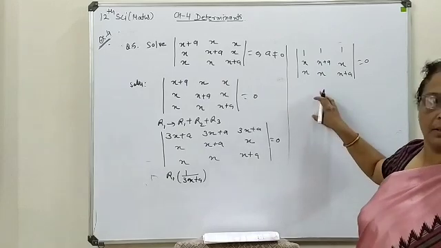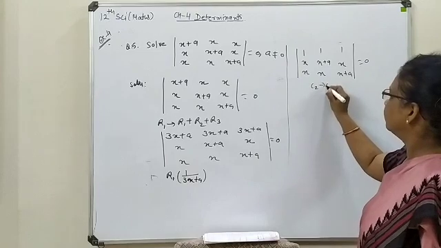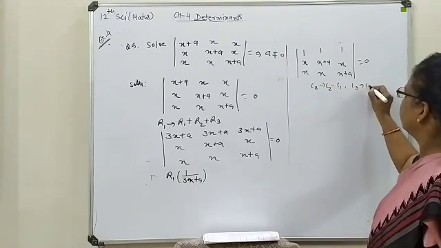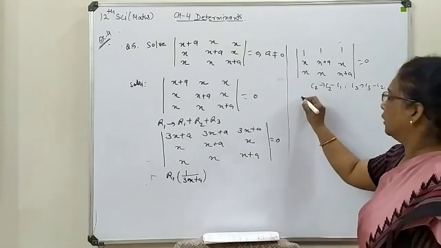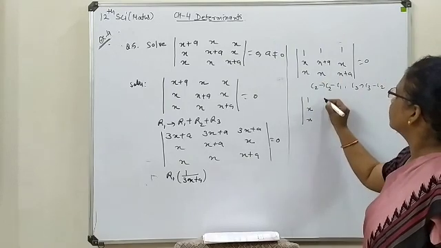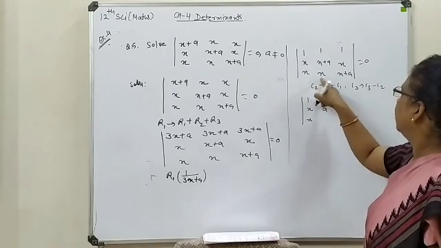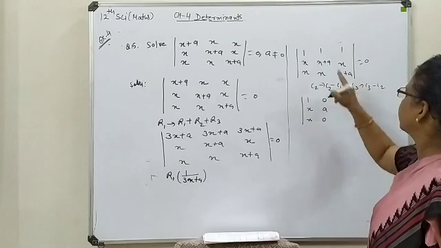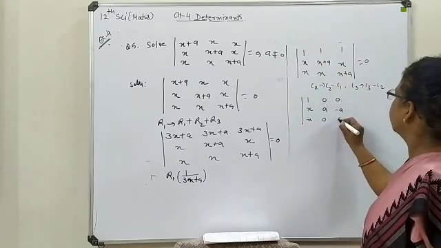Now column wise you will go for subtraction. In the second column we subtract the first, in the third column we subtract the second. The first column remains unchanged. This will turn as 0, this is 0, this you subtract over here, it will be 0. This is minus a and this is a.